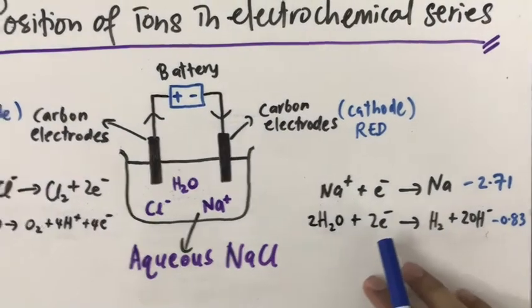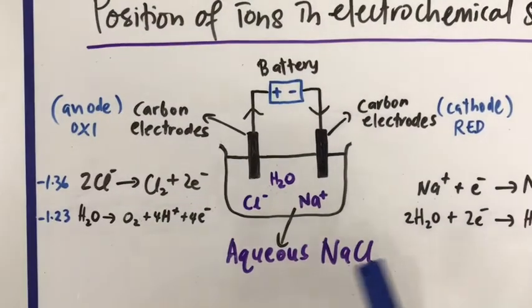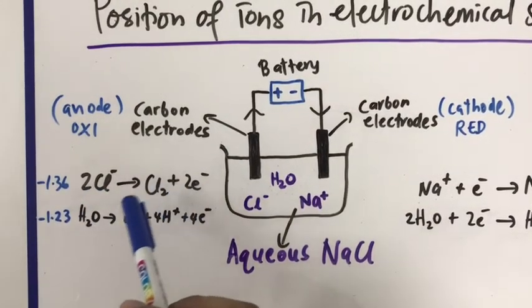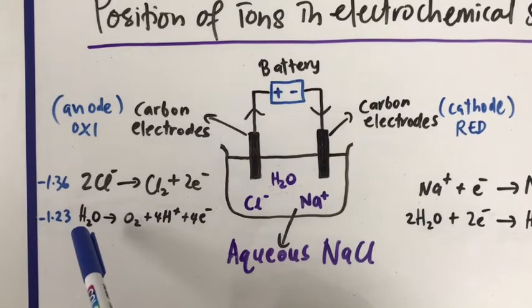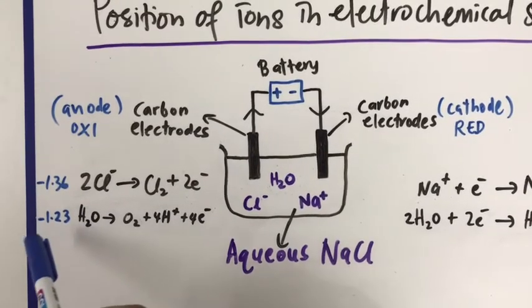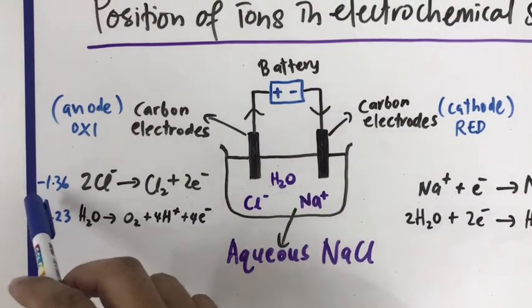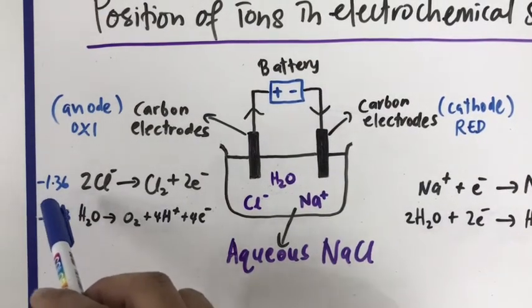At the anode, the chloride ion will turn to chlorine gas. The oxidation of water has minus 1.23 volts, while the chloride ion has minus 1.36 volts.